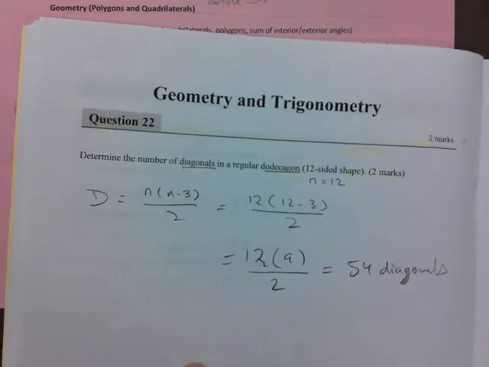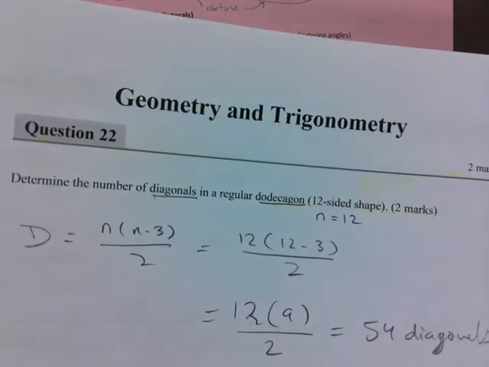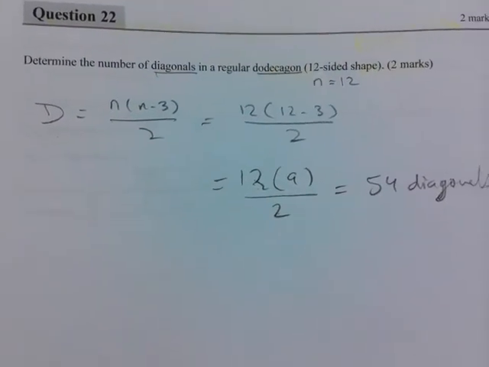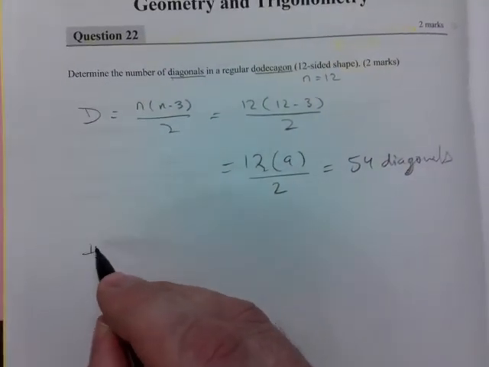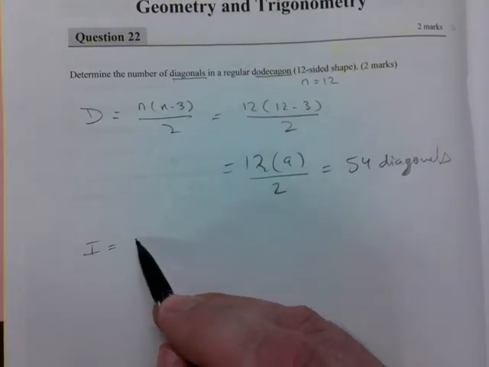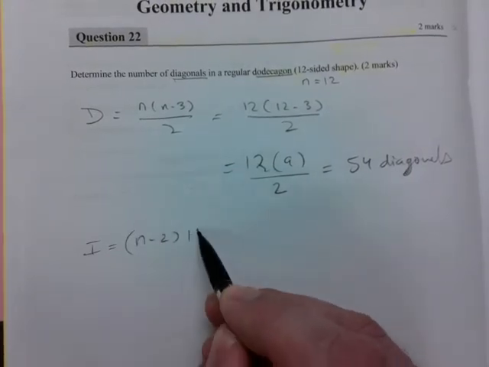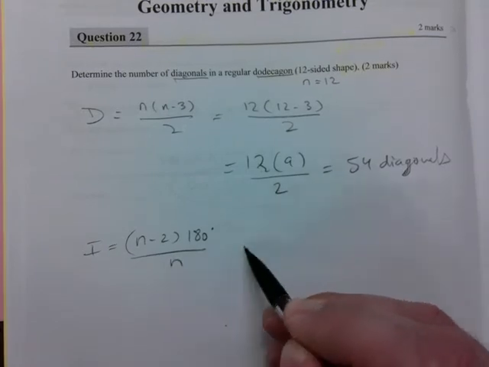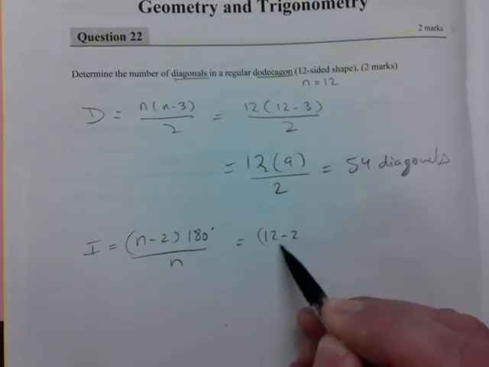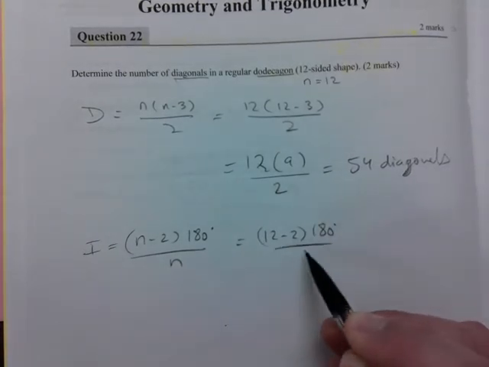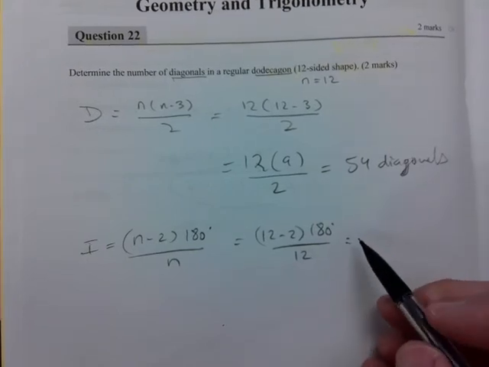Okay, so that's that. You could also find the interior angle, right? If they ask for the interior angle, that's n minus 2 times 180 degrees divided by n. So it'd be 12 minus 2 times 180 divided by 12.